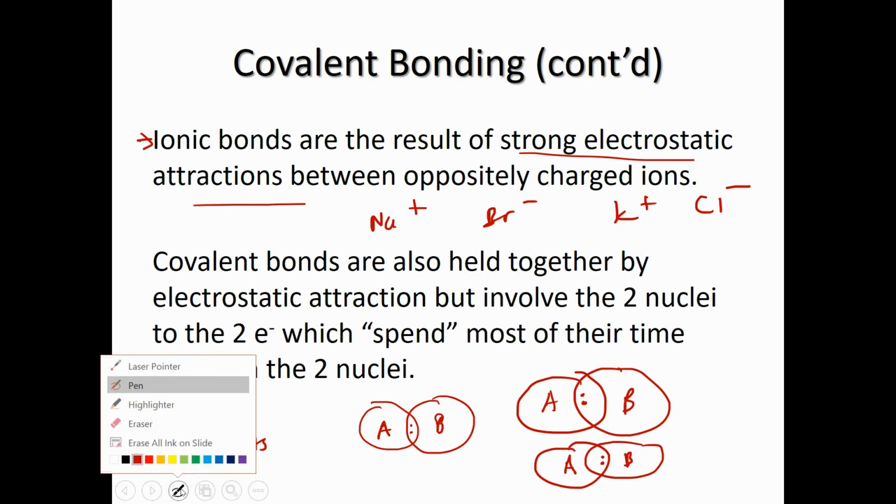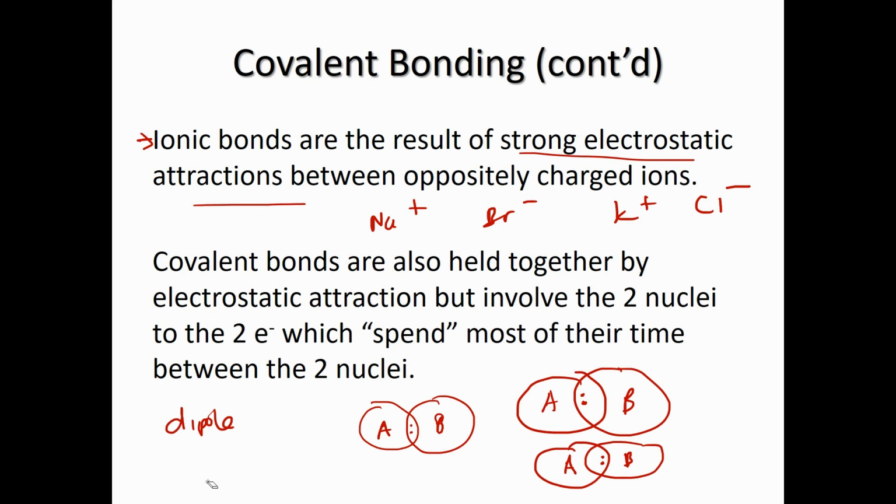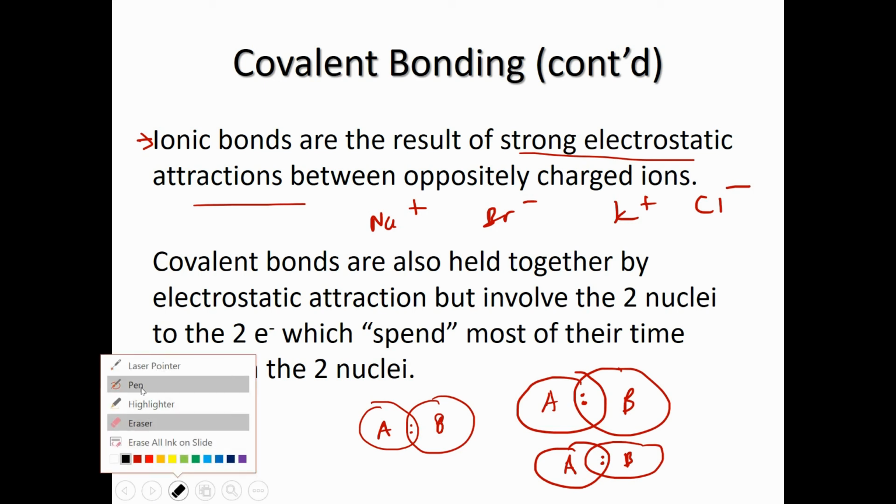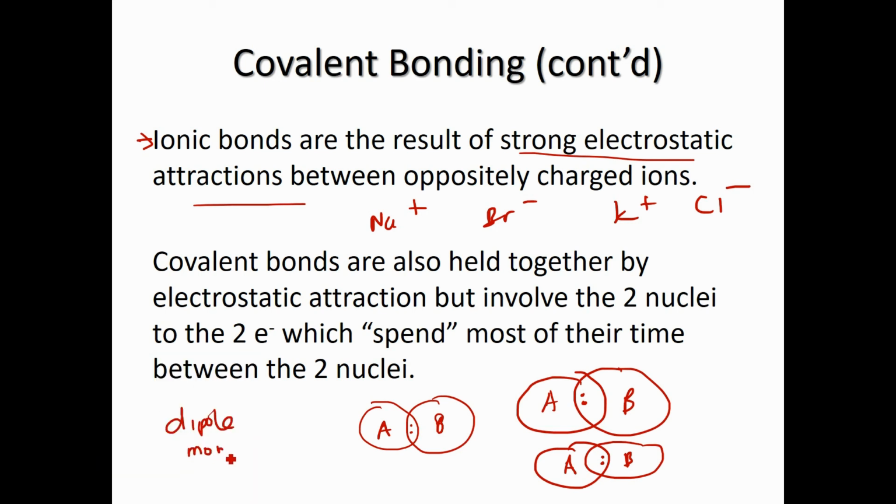The dipole moments cause partial charges, not full formal charges. See here you have full formal charges like +1, -1. In this case you will have partial positive on A, partial negative on B, because B has high electron affinity, the electrons are close to it, electrons are negatively charged.